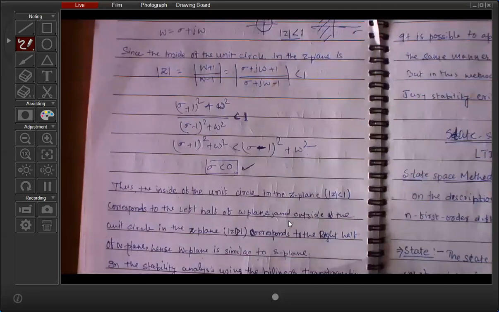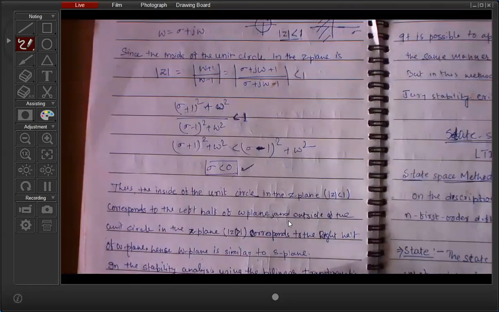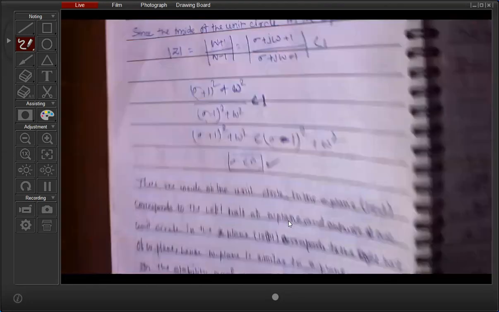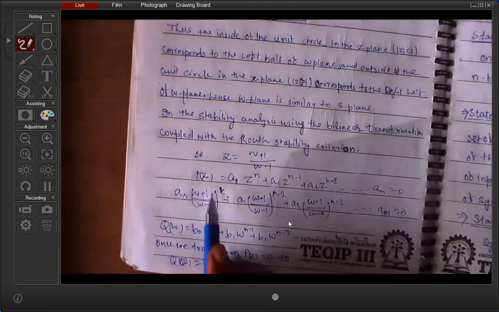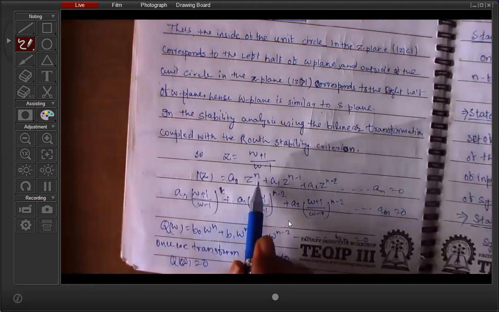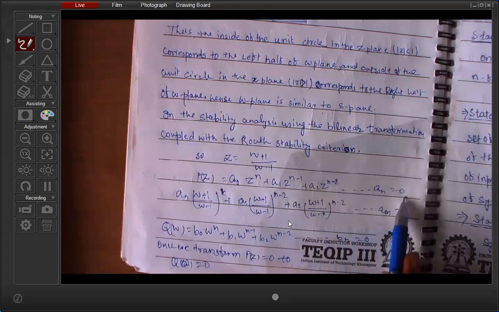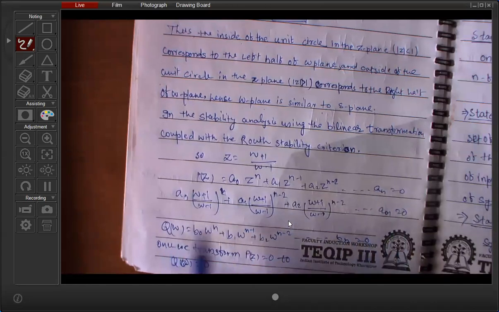So in the stability analysis using the bilinear transformation coupled with the Routh-Hurwitz criteria, we just have to put Z equal to (W plus 1) by (W minus 1). Suppose we have a polynomial P(z) equal to a0 Z to the power n plus a1 Z to the power n minus 1, up to an. Now we put Z equal to (W plus 1) by (W minus 1).